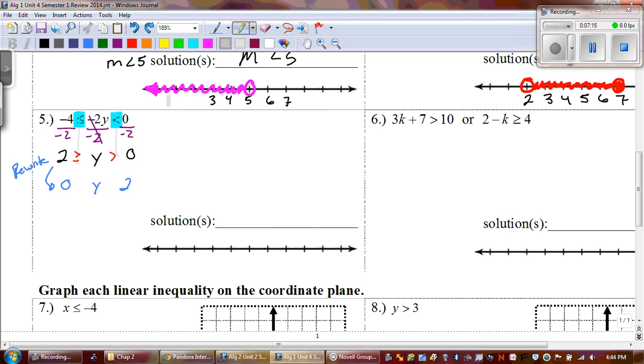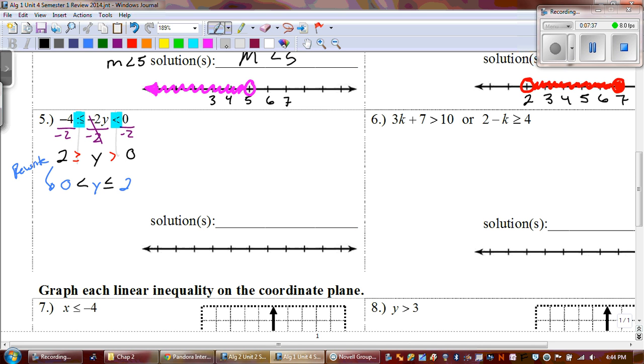So now that that's taken care of, looking at the y and the 0, which way is the inequality pointing? Well, it's pointing at the 0, so I'm going to make sure it's pointing at the 0. And now between the y and the 2, who's it pointing at? Well, it's pointing at the y, so it's less than or equal to.